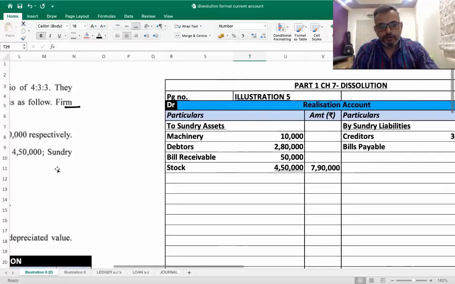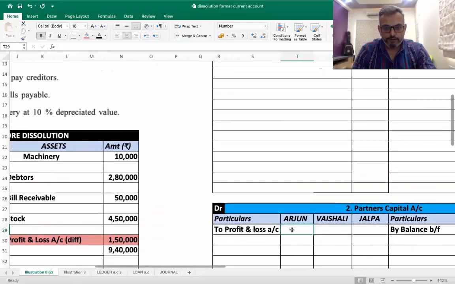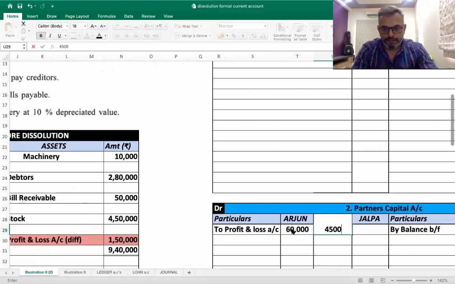So 4:3:3 is 10. So 15,000 into 4, 60,000, 15,000 into 3, 45,000, and Jalpa also 45,000.